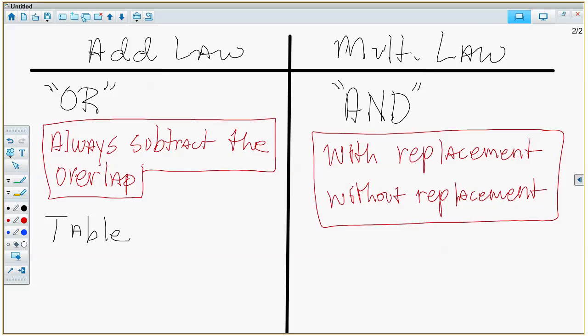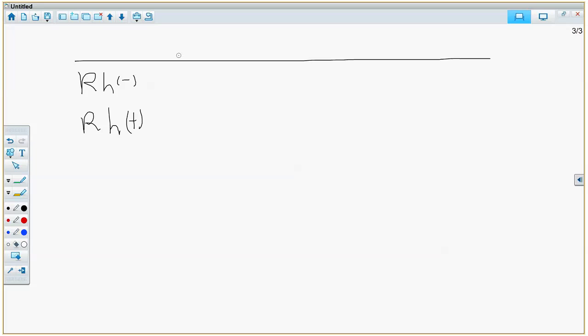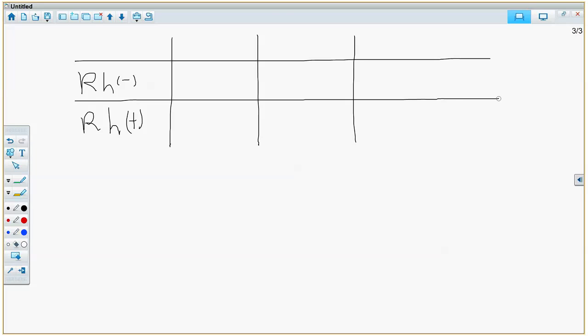Let's say the additive law, let's do R, I think it's RH negative for some of you nursing people, and RH positive, dang old blood types. Let's see, there's O, and then there's what else?